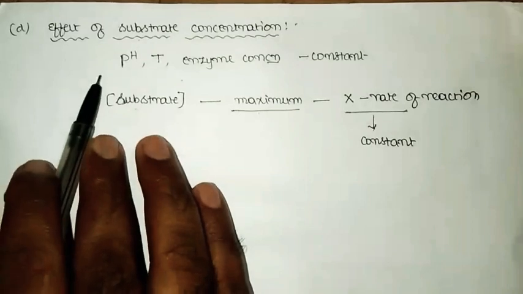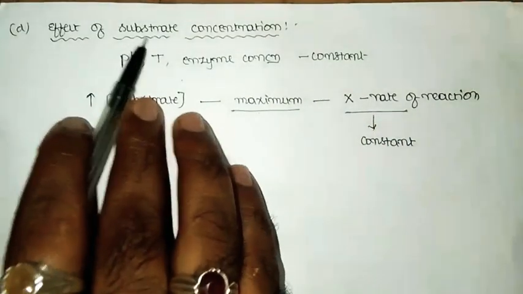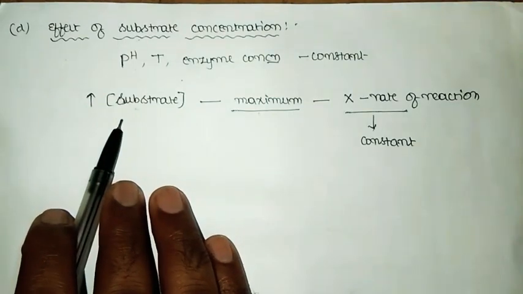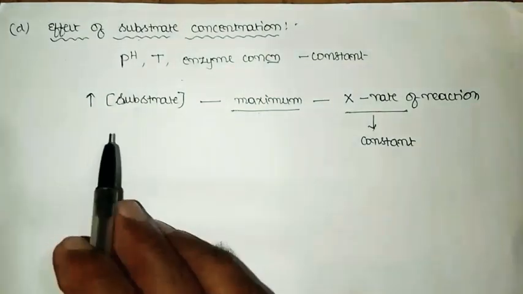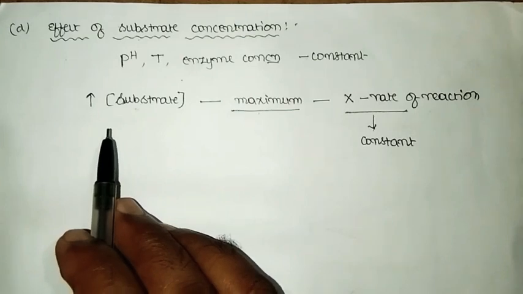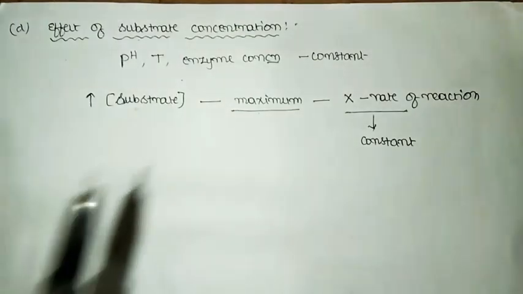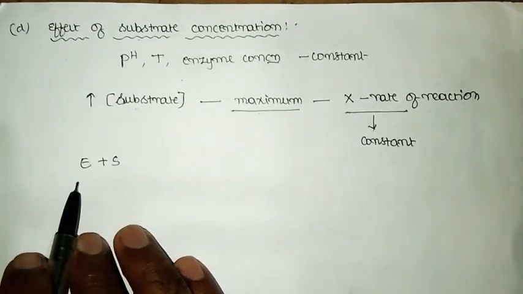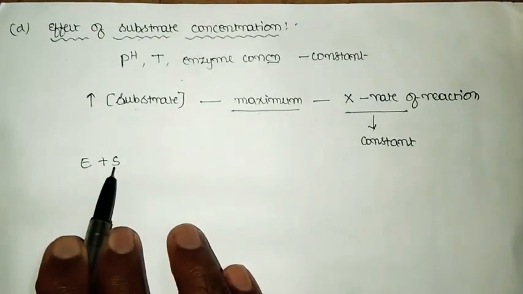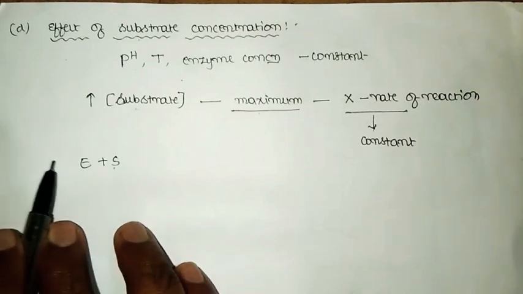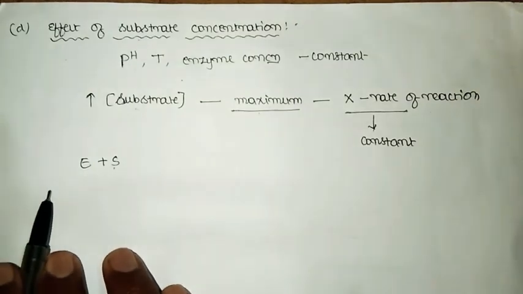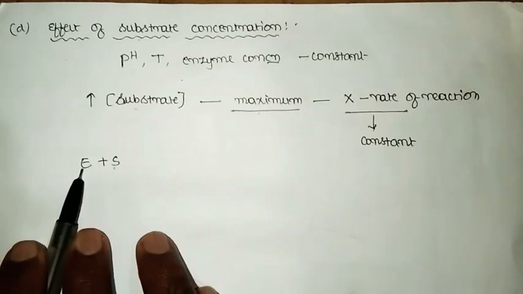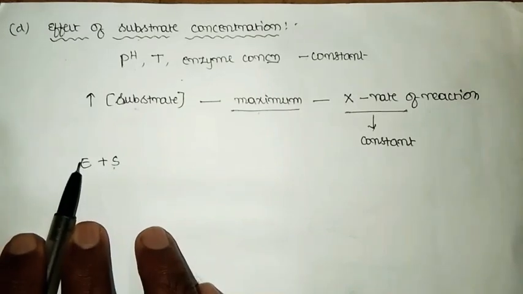The reason for this particular phenomenon, under the effect of substrate concentration on the rate of enzyme catalyzed reaction, is that as you increase the concentration of substrate, the substrate molecules will combine with the enzyme molecules, means the substrate molecules will occupy the active sites of the enzyme.